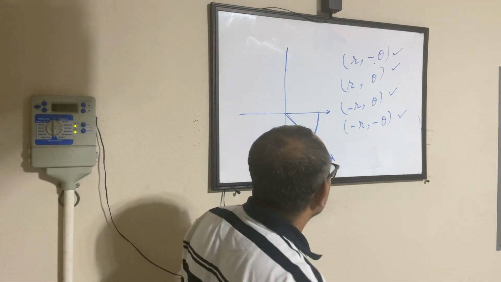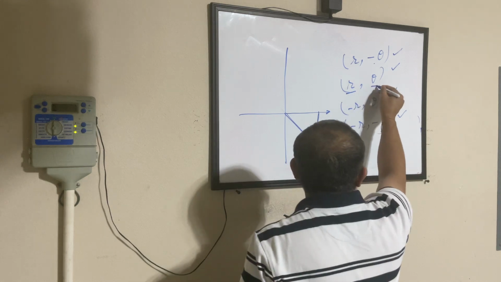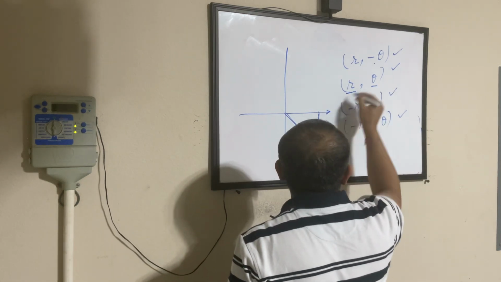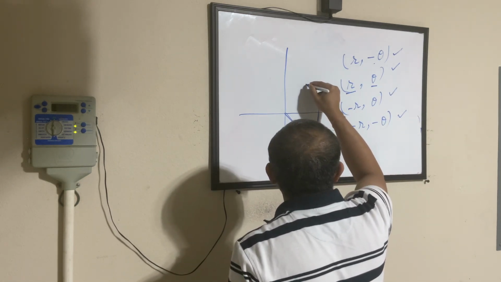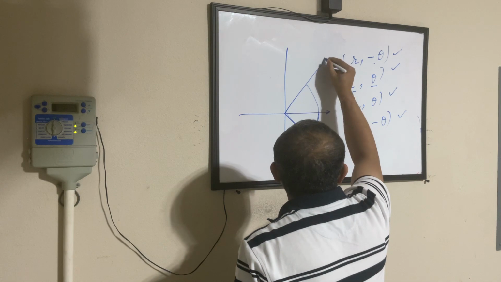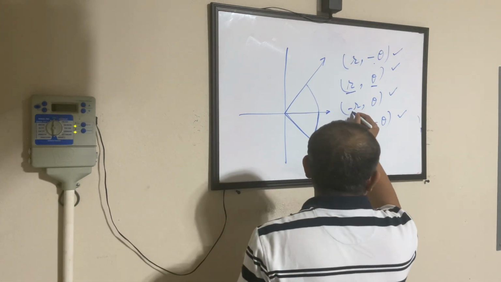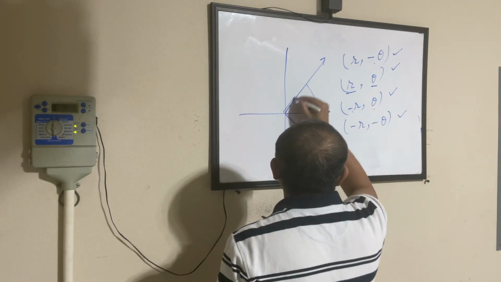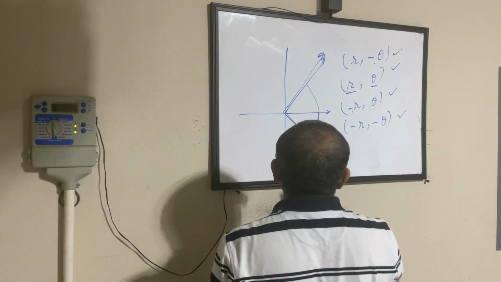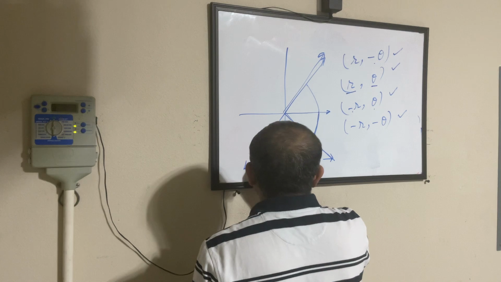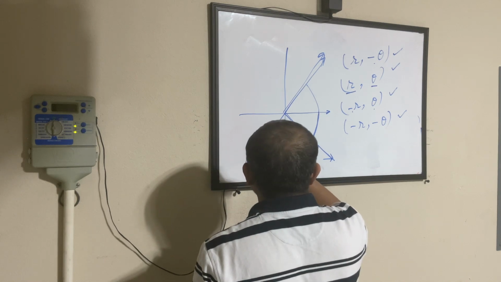If I'm talking about r and theta, theta is positive, so I'm going anti-clockwise. Third one, minus r and theta. I'm still going in the anti-clockwise direction by theta, but with minus r, I'm landing in the third quadrant.